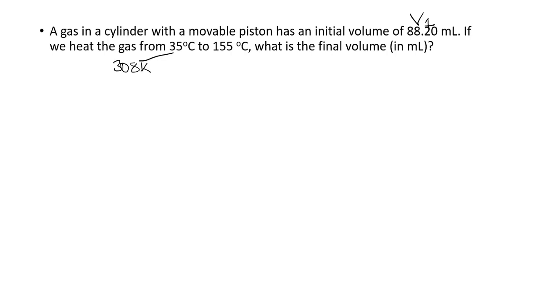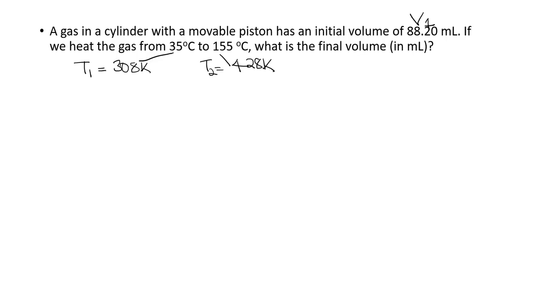To 155 degrees Celsius, this one is 428 Kelvin, because we always want to use Kelvin. This is T1, this is T2. So we have V1, T1, and T2.